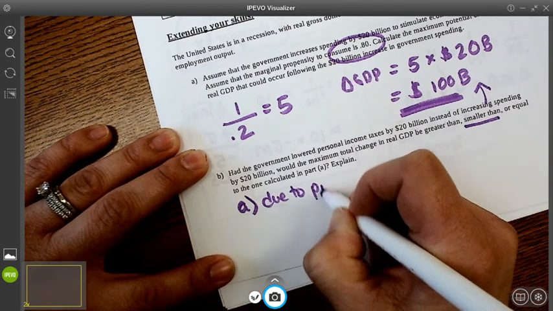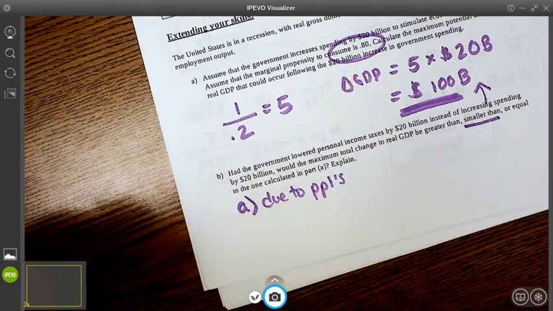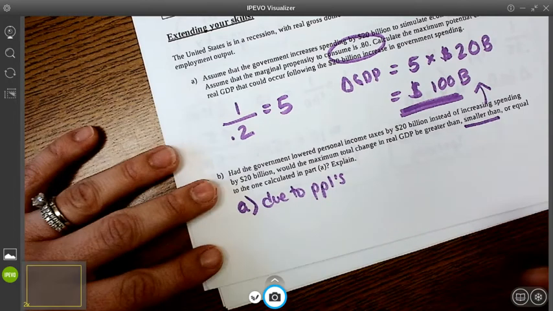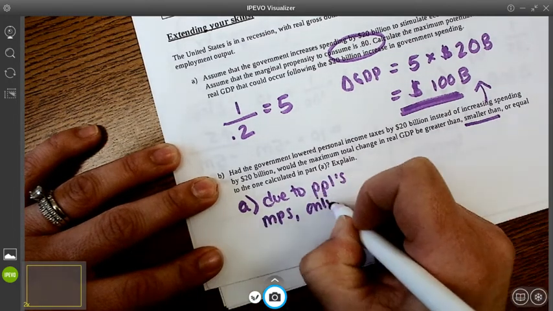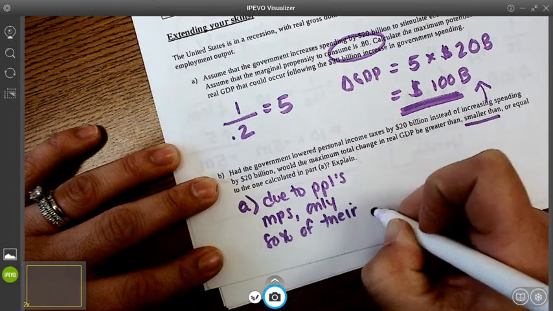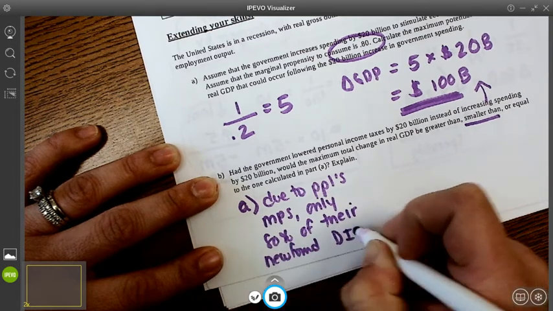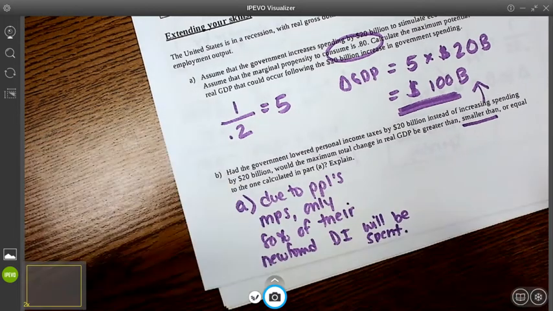I'm abbreviating and writing this quick just so you understand; on a real test or exam, you're going to write this in an articulate, thorough way. Due to people's marginal propensity to save, only 80% of their newfound disposable income will be spent.